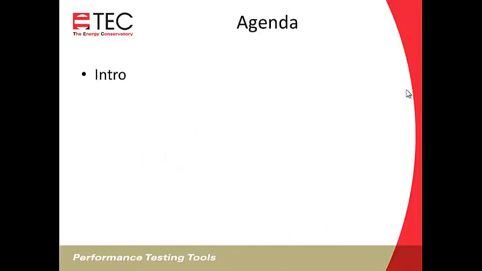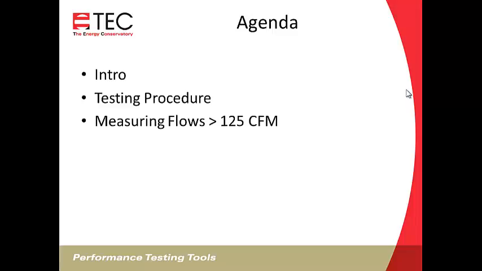Our agenda today, we'll start with just a basic intro to the exhaust fan flow meter. We'll talk about the testing procedures, measuring flows greater than 125. The limit of the exhaust fan flow meter is 125 CFM.